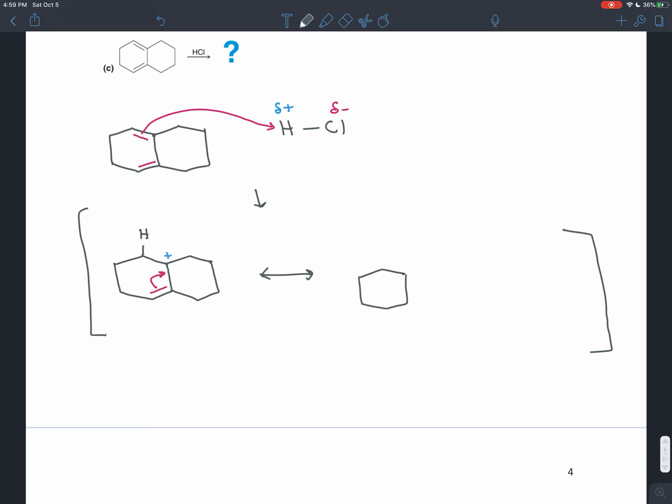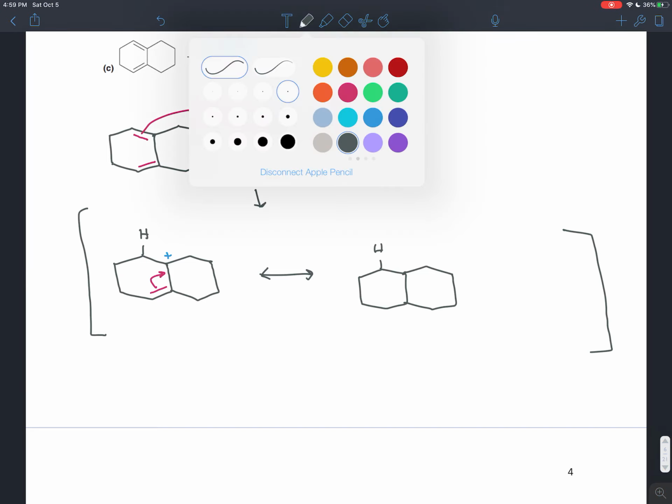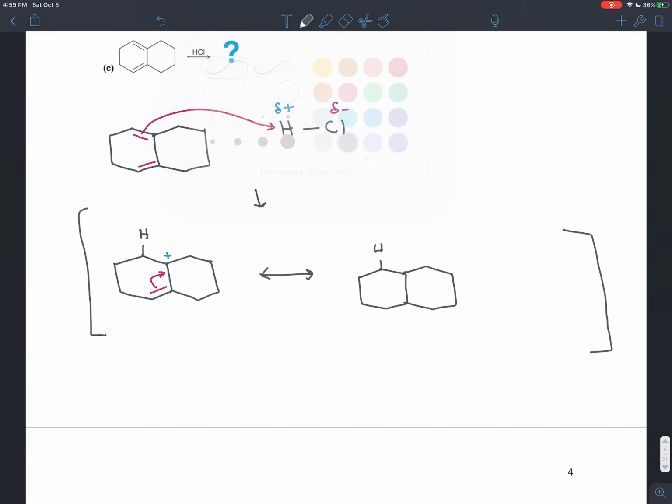And so you'd have this structure right here with the positive charge at the bottom.